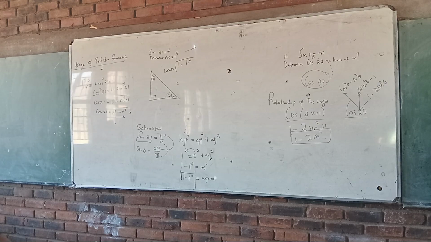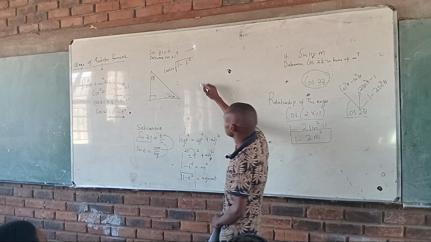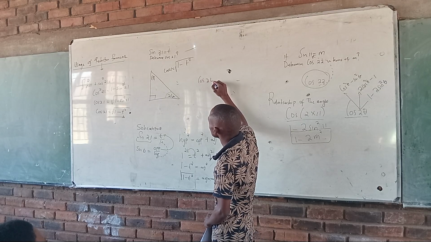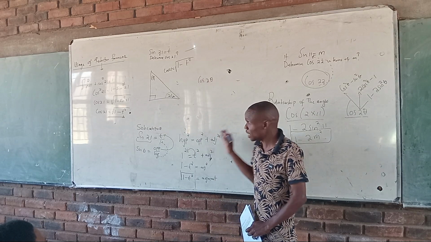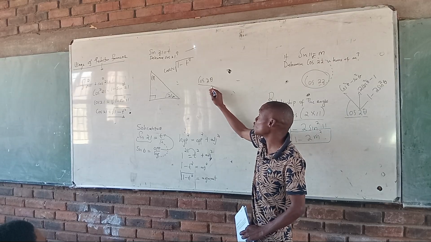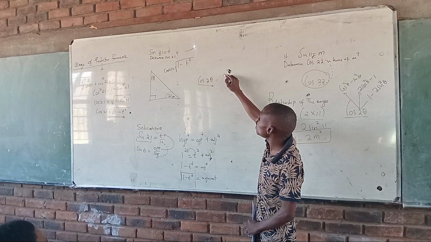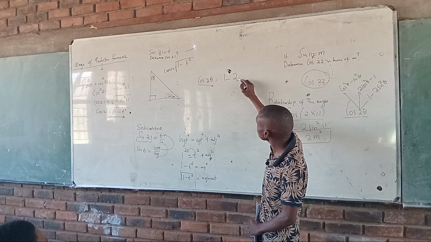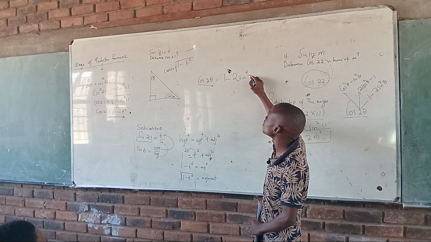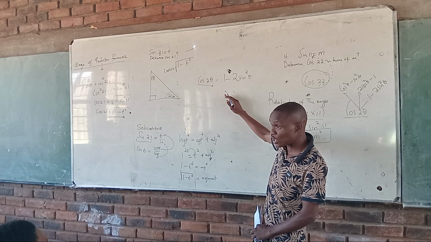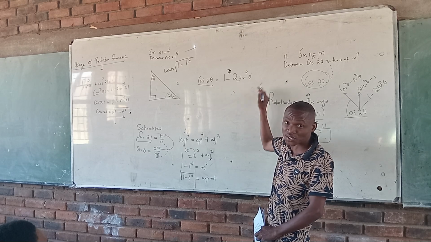You are confused. Okay, you must first understand the double angle. Cos 2 theta, in terms of sine. This one is there on your formula sheet. In terms of sine, cos 2 theta is 1 minus 2 sine squared theta.